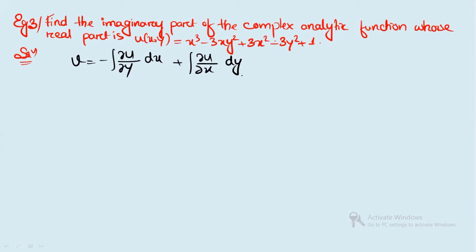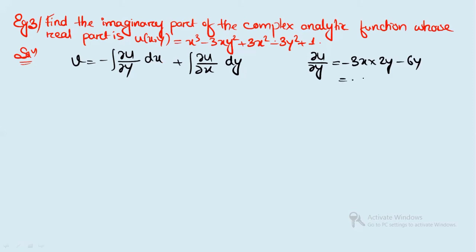So we will first find del u del y. If you differentiate u with respect to y, this is constant, so this will give you minus 3x, y square will give you 2y, this is again constant, and this will give you minus 6y.